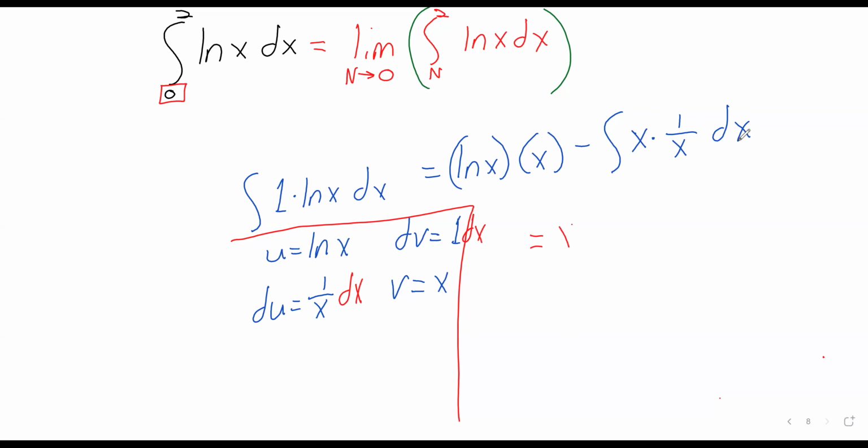So x times the natural log of x, minus the integral of 1, is x times the natural log of x minus x.